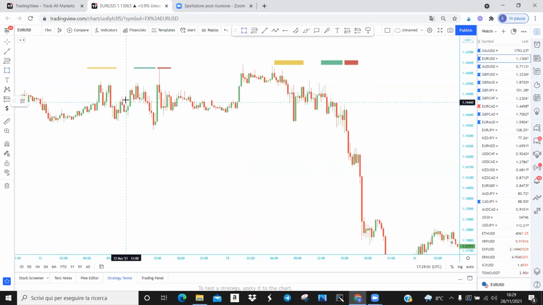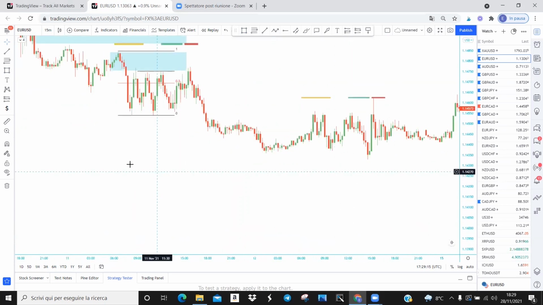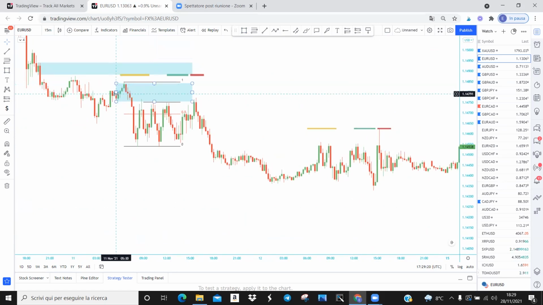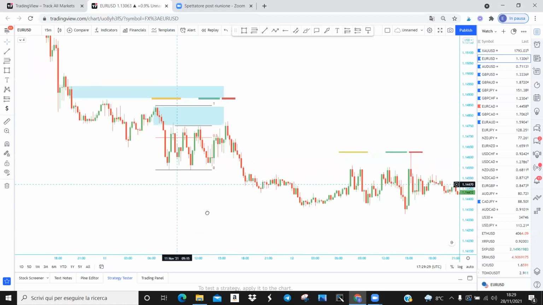Here, we might have some, it's not really a good example when we are ranging, when we're going sideways, but here we have the lunch break order block and we just go to the upside and then we just continue ranging, so nothing. Perfect. Here, London order block. This is lunch break right here, lunch break order blocks, which are manipulated to then continue to the downside.